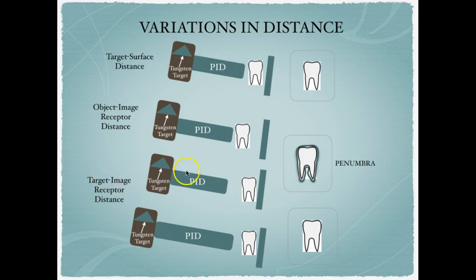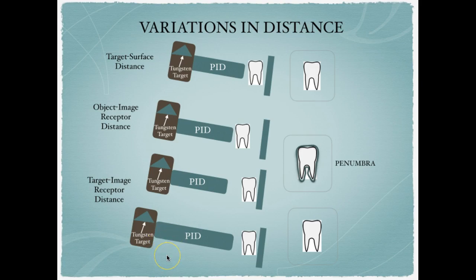If the target, represented by the PID, is far away from the object and the image receptor, you will also have a penumbra, or a fuzzy image.